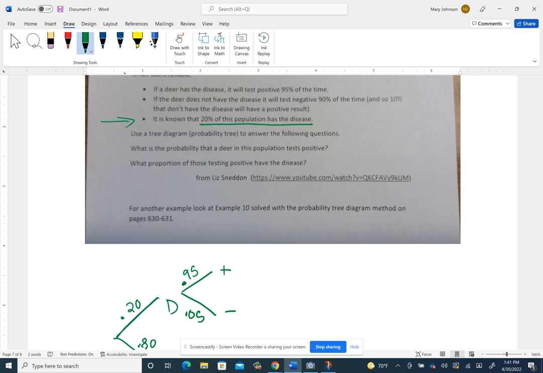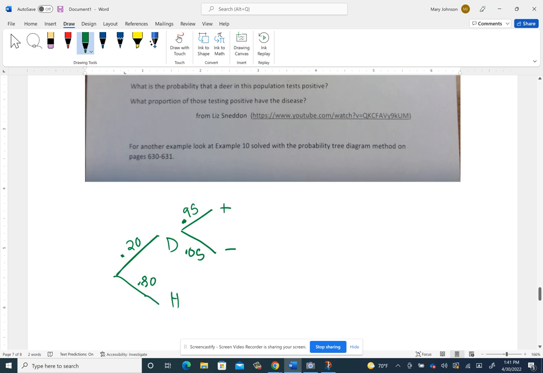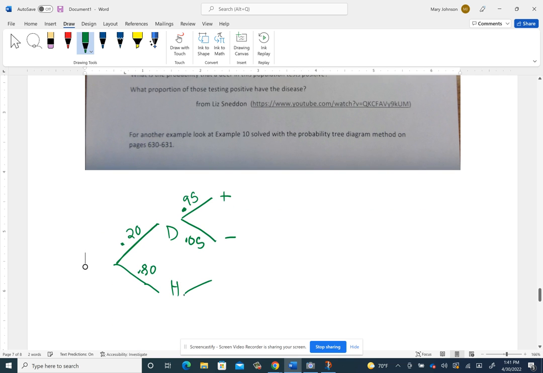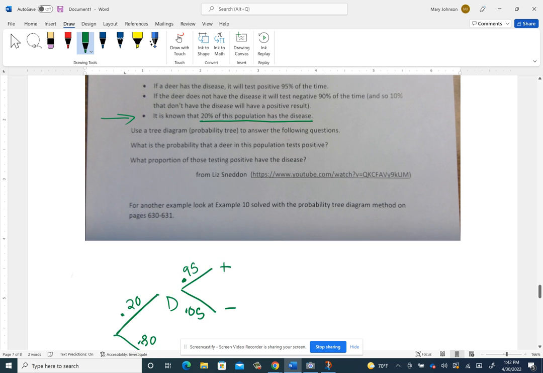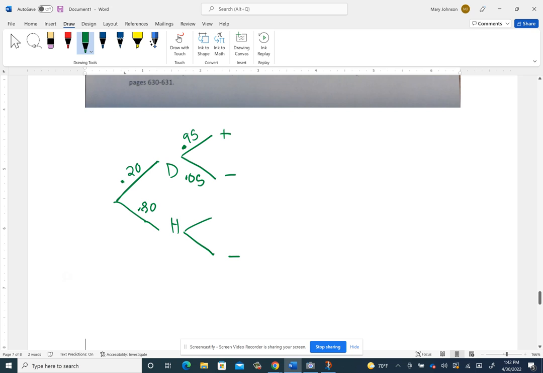Then the next bullet says, if the deer doesn't have the disease, it will test negative 90% of the time. You'd expect it to test negative 100% of the time, so if it didn't have the disease, it should test negative. But it says it only tests negative 90% of the time, which means even though it doesn't have the disease, it's healthy, it will test positive 10% of the time.